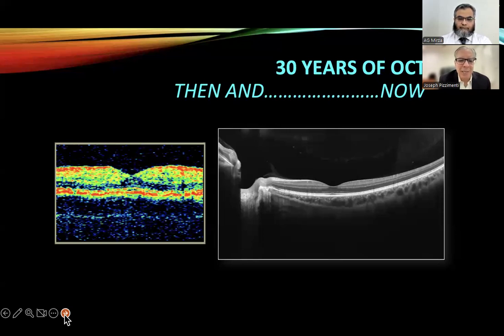But as you could see from the very crude OCT images that we had in 1991, a lot of good things have happened in 30 years of OCT.